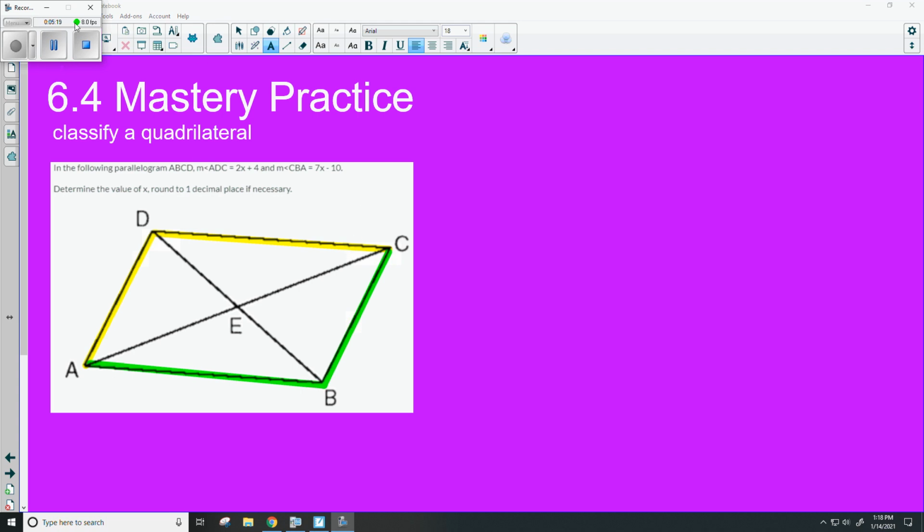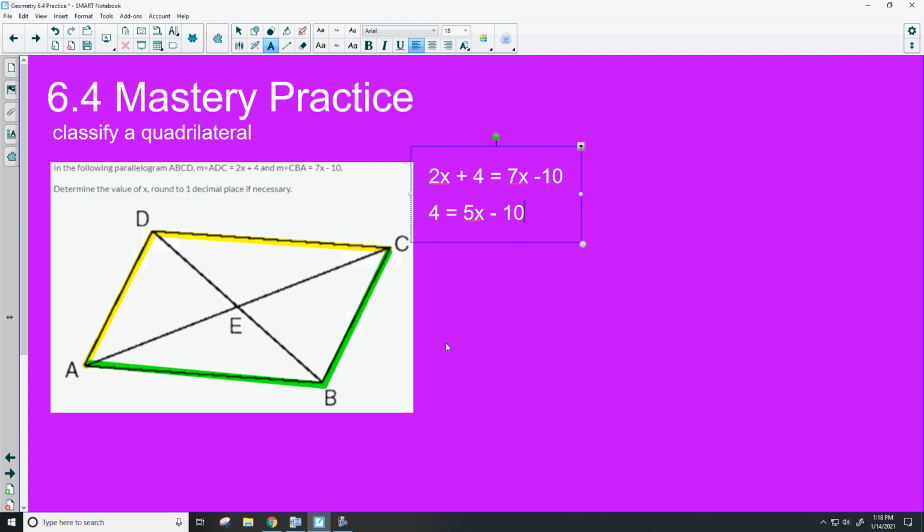So the fact that we have these opposite angles here, and I know that opposite angles have to be congruent again. So again, just like the first problem, 2x plus 4 is equal to 7x minus 10. I'll subtract 2x on both sides. That'll give me 4. And 5x minus 10. I'm going to add 10 on both sides. 14 equals 5x.